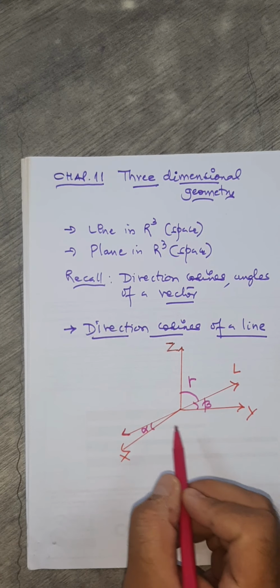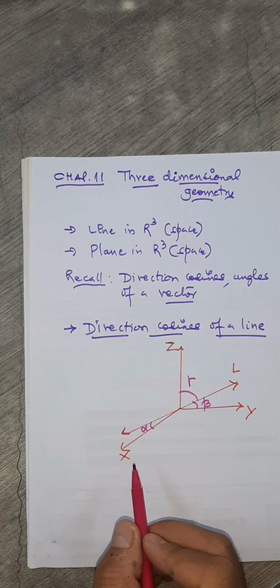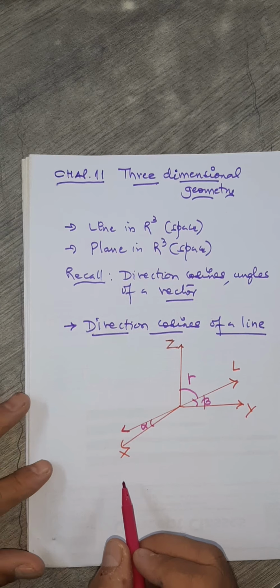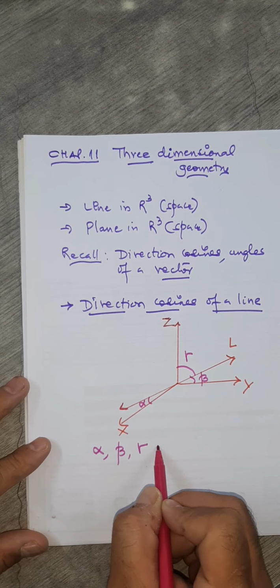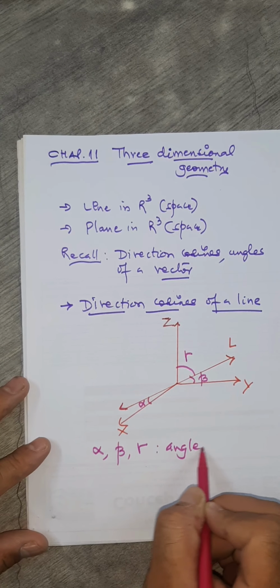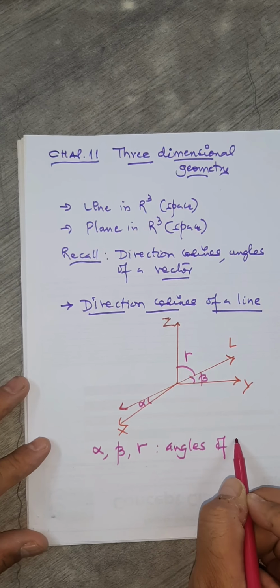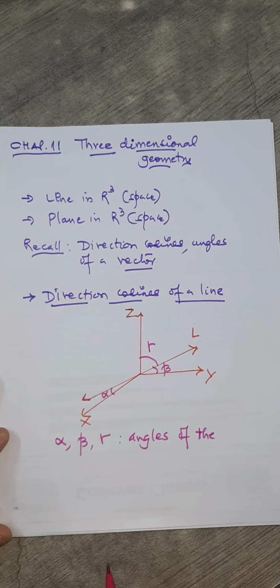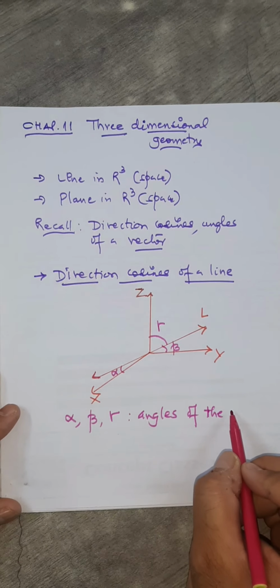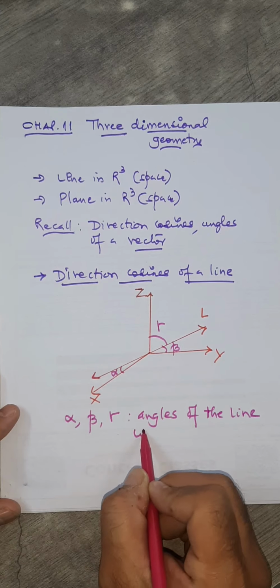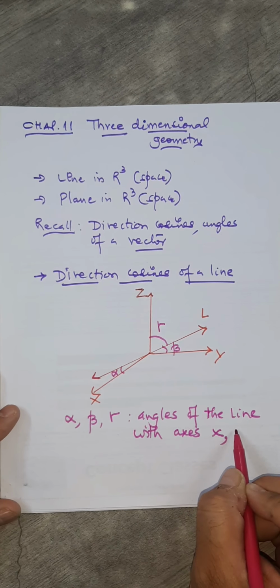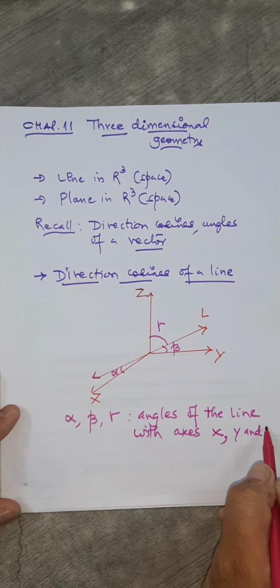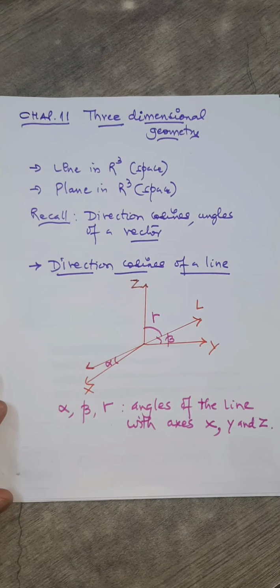So here alpha, beta and gamma are the angles of a line with the three coordinate axes. These are known as direction angles. So alpha, beta and gamma are the angles of the line with the axes x, y and z respectively. That much we know.